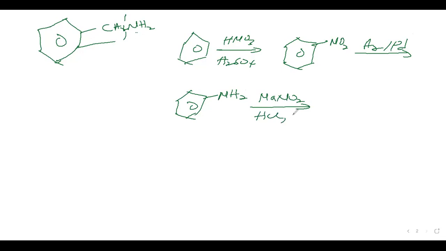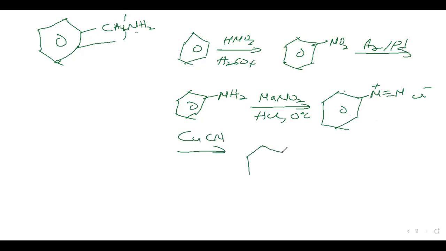If you want to show that you know what you are doing, you can put 0 degrees there, because the compound we are forming is highly unstable, and if the temperature is high, it will decompose. And then we get our diazonium salt. Now, after getting our diazonium salt, we can add CuCN, and CuCN will give us something like this.